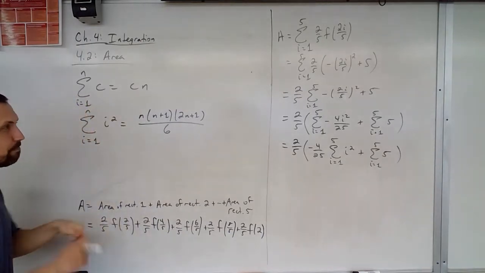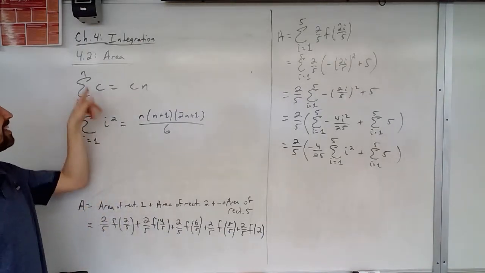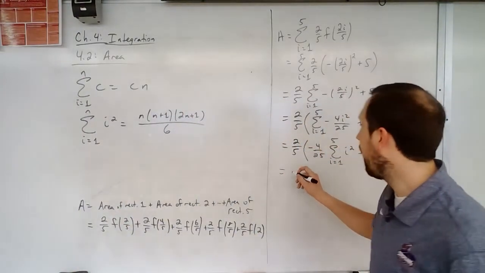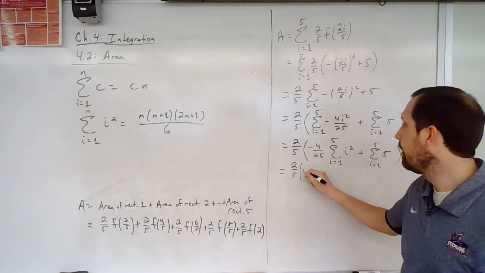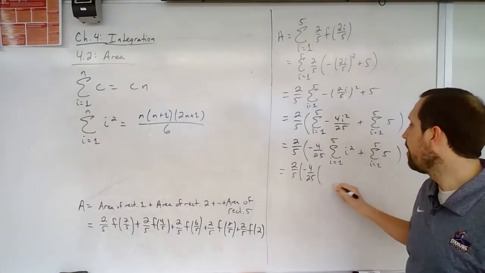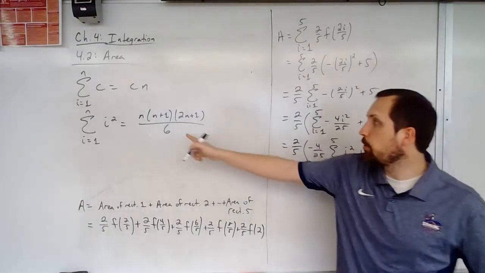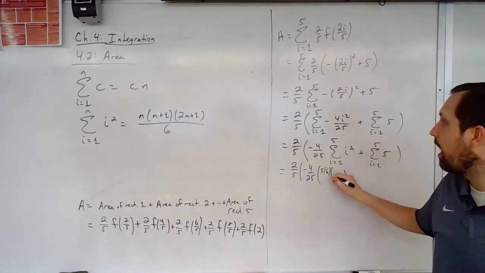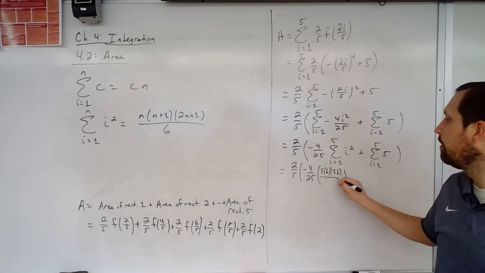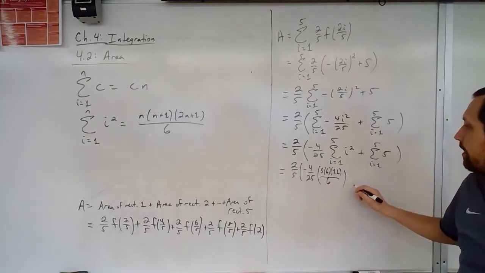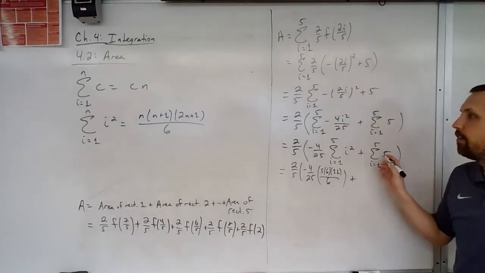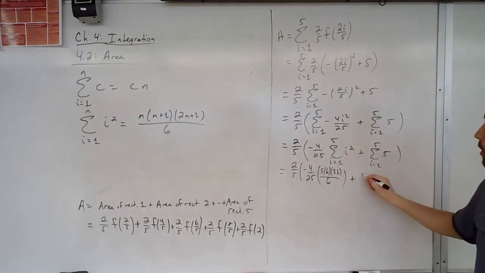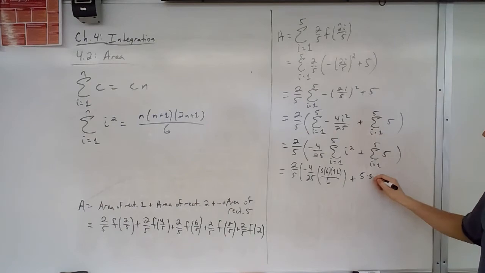So now if we know what these n values are, we could plug these in. So over here, I have 2/5 times negative 4/25. For this sum, n is going to be equal to 5, so I have 5 times 6 times 11 divided by 6. And then over here, 5 is my constant, n is also 5, so I have 5 times 5.